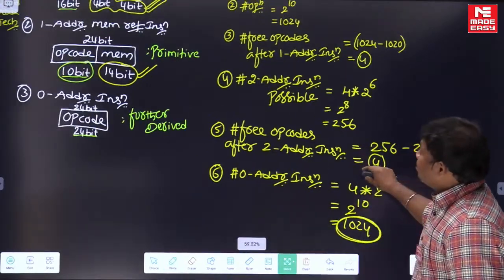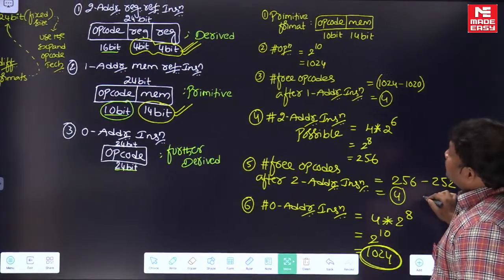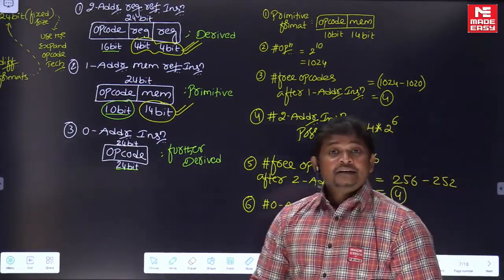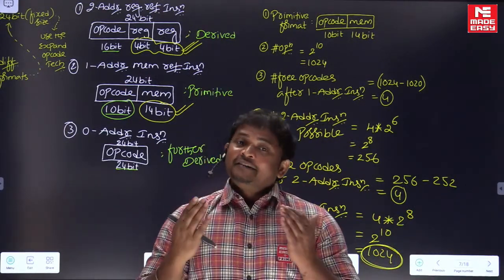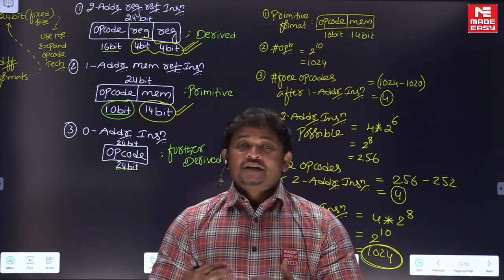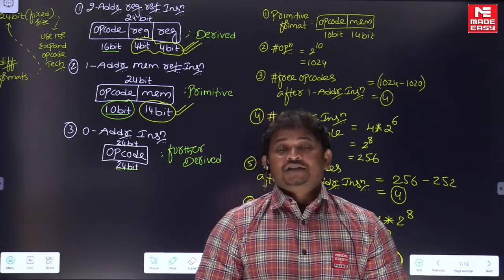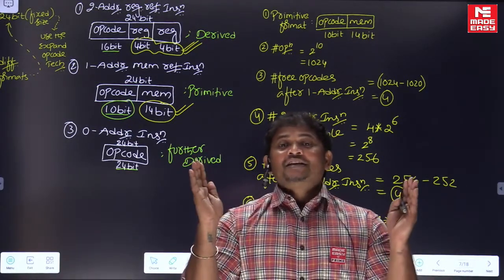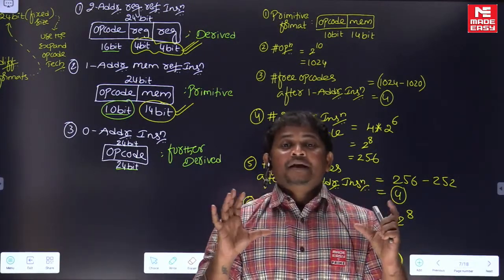This analysis is called the expand opcode technique. First go to the primitive format, identify the free space, design the derived instructions, identify the free space, design the further derived instructions. By merging the address field with a free opcode, the opcode size will be increased.